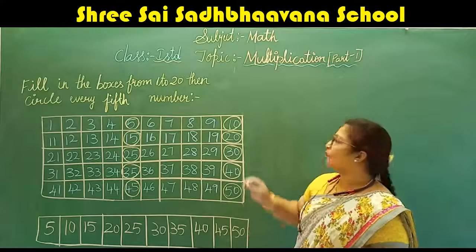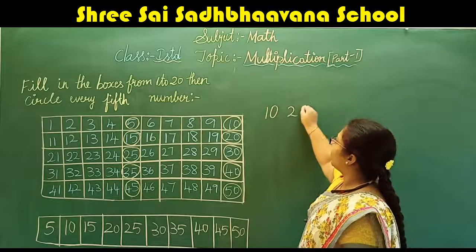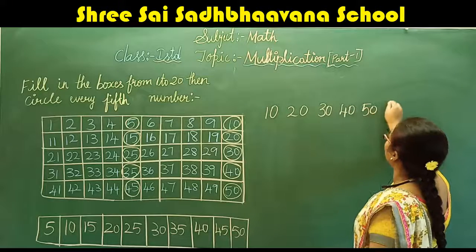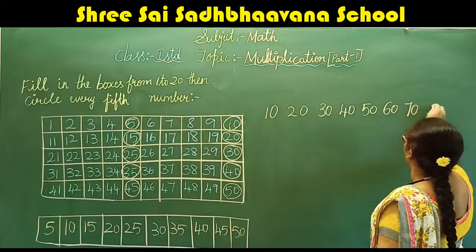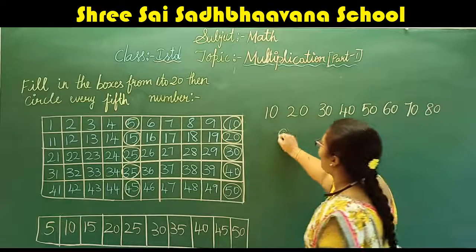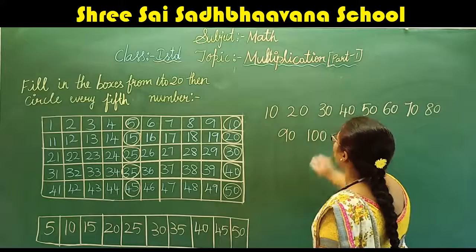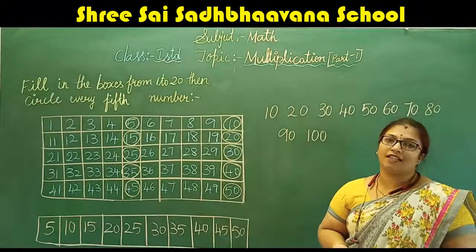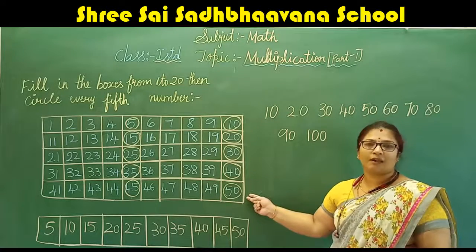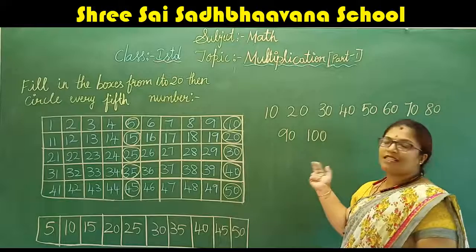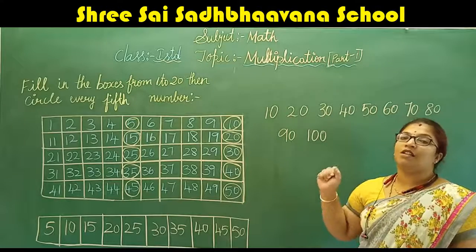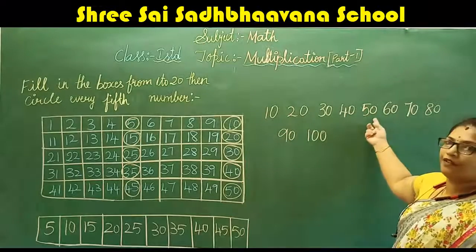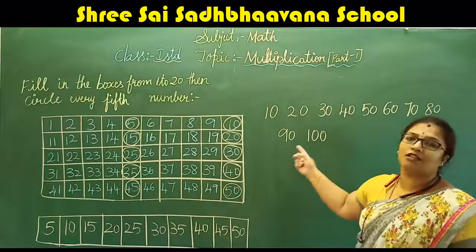Fill in the boxes 10, 20, 30, 40, 50, 60, 70, 80, 90 and then 100. This is called skip counting in tens. This is skip counting in fives and this is skip counting in tens. So next you write there 10, 20, 30, 40, 50, 60, 70, 80, 90, 100.